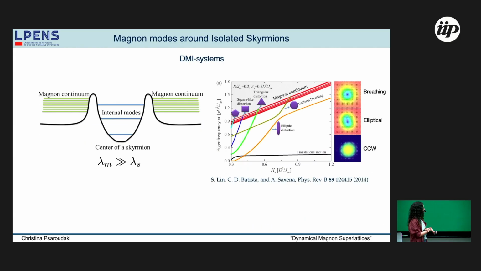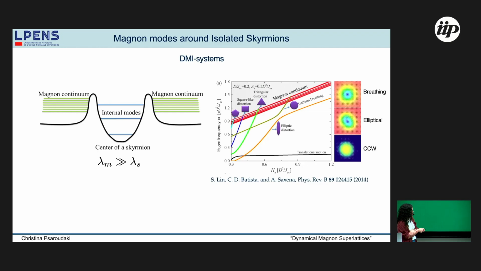Now, what do we know about magnon modes around isolated skyrmions? We have the center of the skyrmion, and we have the extended magnon continuum, but there is a local potential created by the center of the skyrmion that localizes some internal modes. Those modes live below the magnon gap, and they are plotted here as a function of the magnetic field.